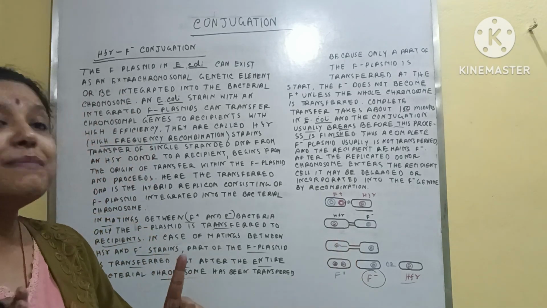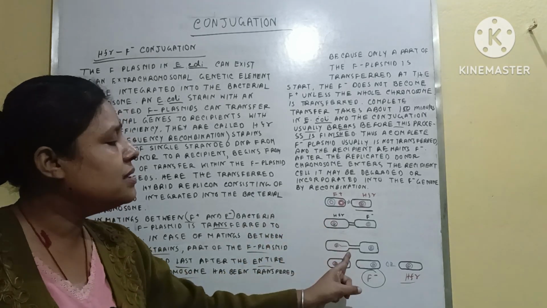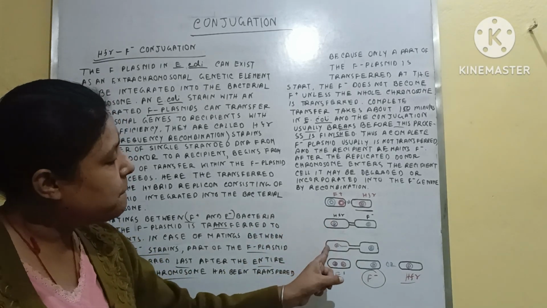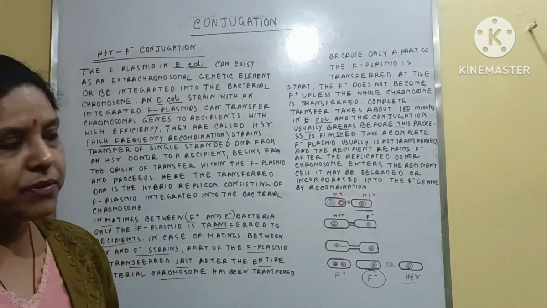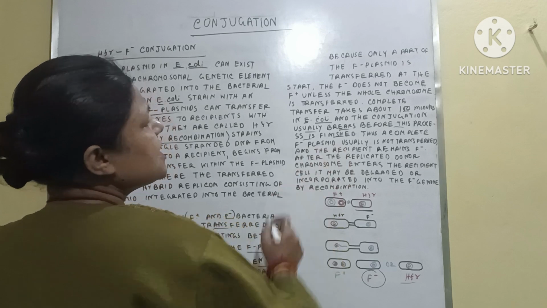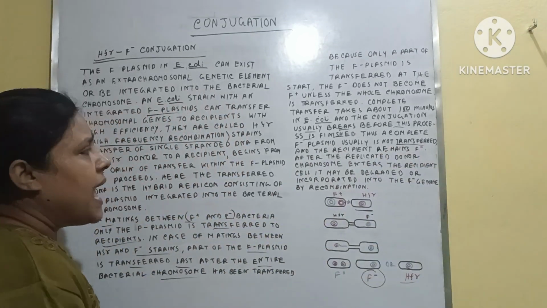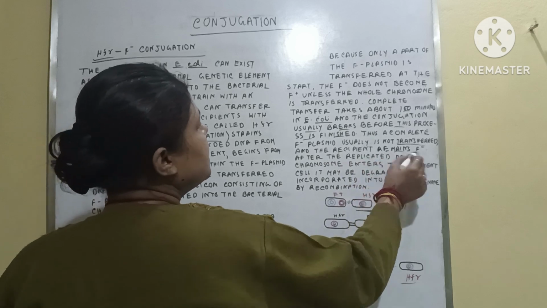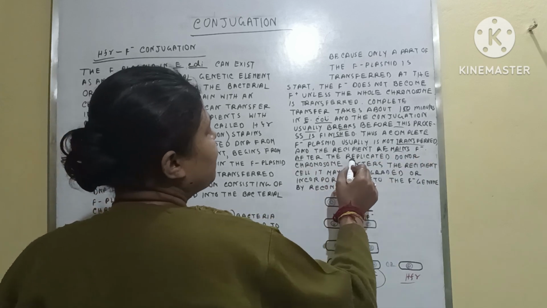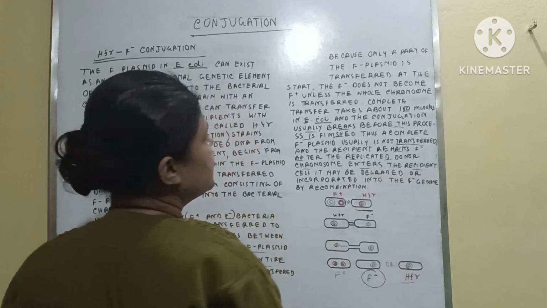It is breakable. And that's why a complete F plasmid usually is not transferred, and the recipient remains F minus after the replicated donor chromosome enters the recipient.